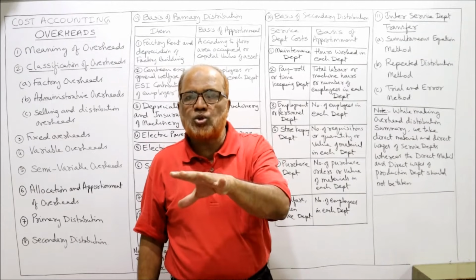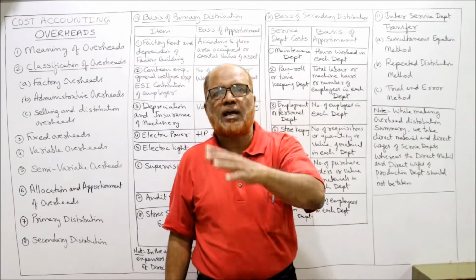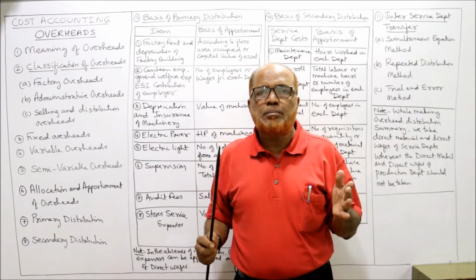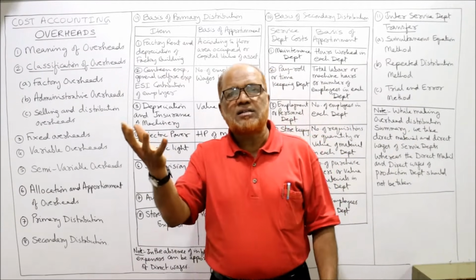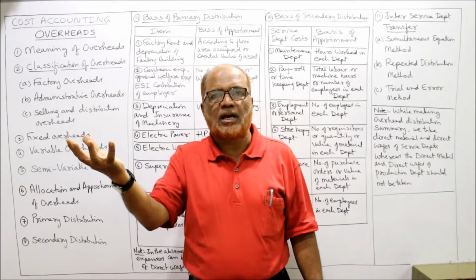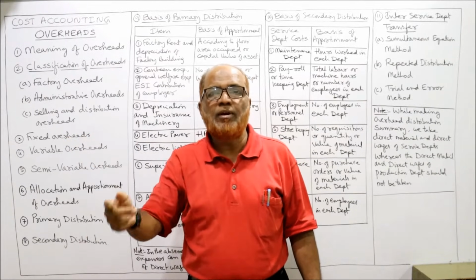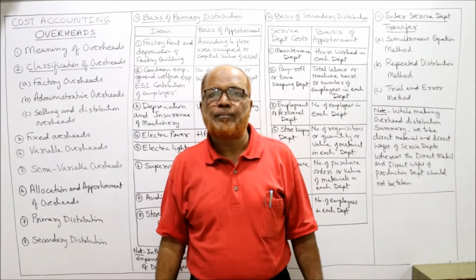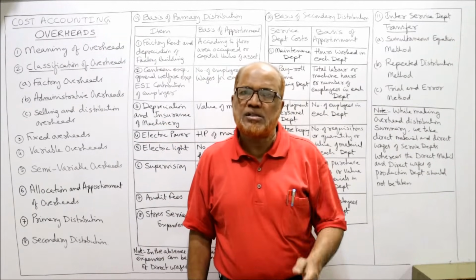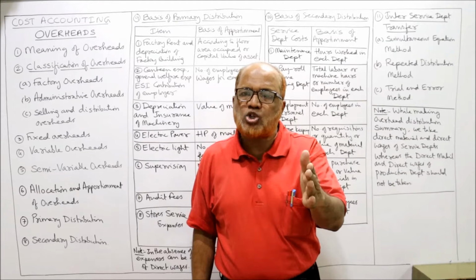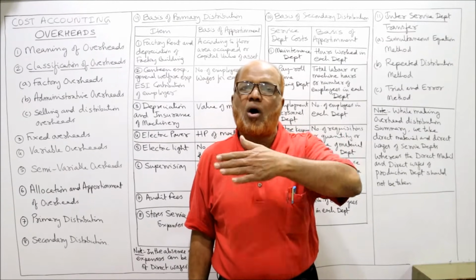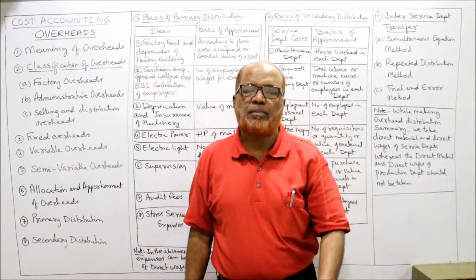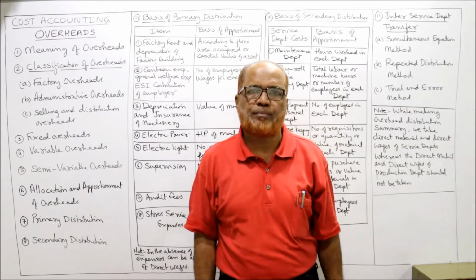The whole rent will be allocated among A, B, C, D, E. In the same way, the electricity bill of the building will be distributed among all the 5 departments. This is called primary distribution: allocating and apportioning overheads among all departments, production as well as service.